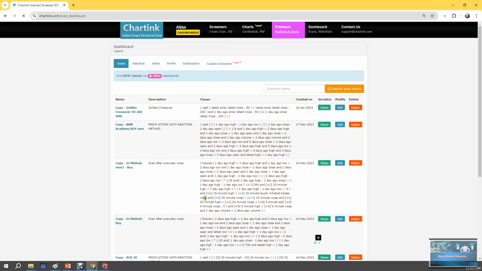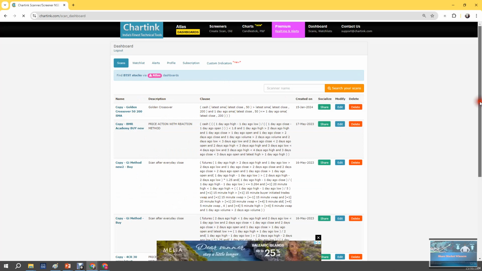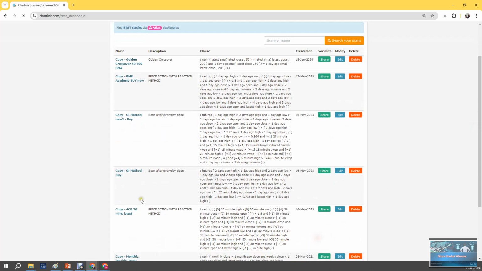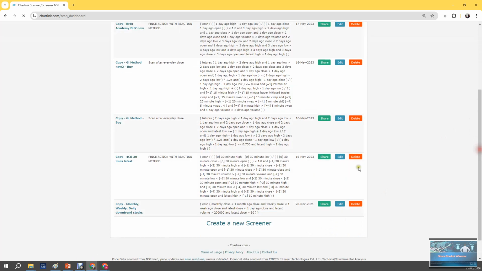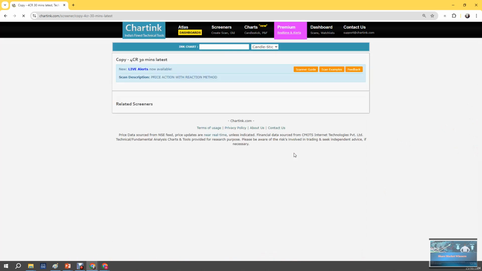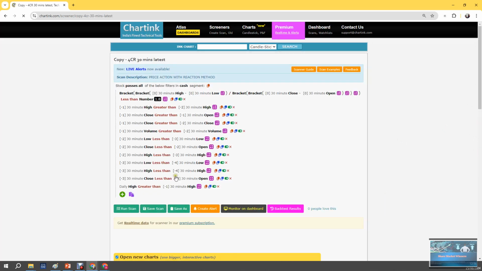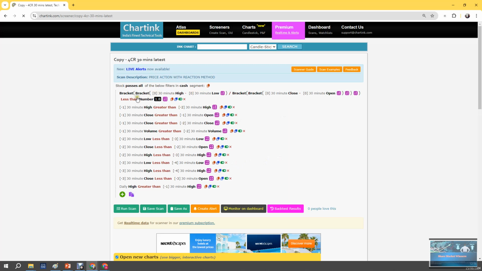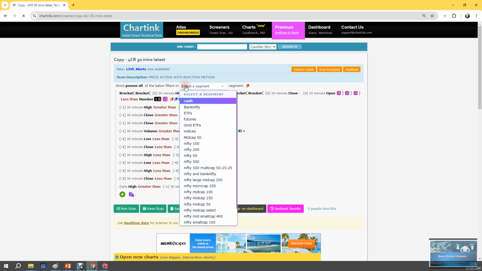These are something which I have taken from some of the institutions who are giving knowledge or training sessions, based on which they have also given some 4 OR methods and all that, and these customizations are done. So you can edit, or you can choose whether you want to use it against the all segment, cash segment, or Bank Nifty, Midcap 100 only, or 500.